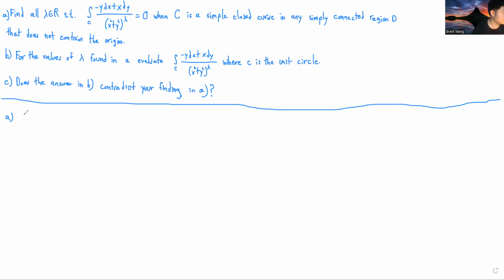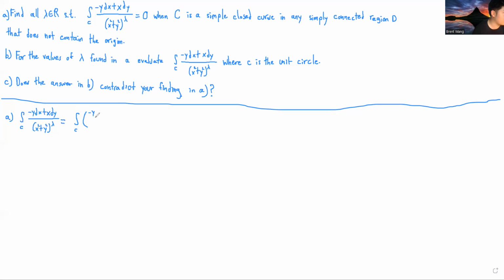The first thing I'm going to do seems a little unnecessary, but I'm going to do this. I'm going to rewrite negative y dx plus x dy over x squared plus y squared to the power of lambda into something like this. This will help me organize my thoughts a little bit better.